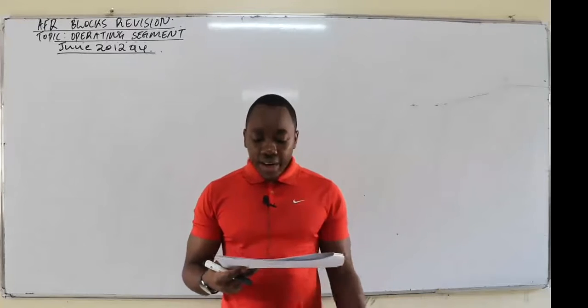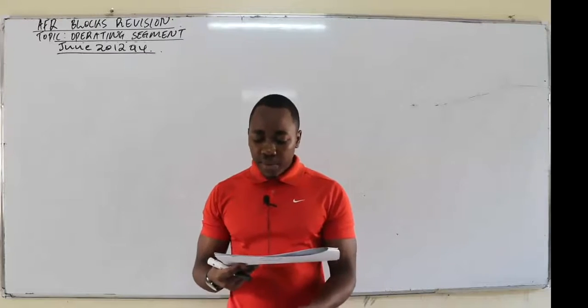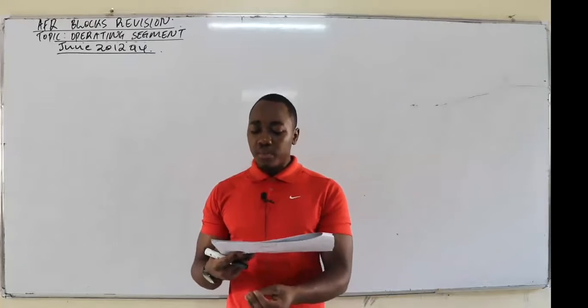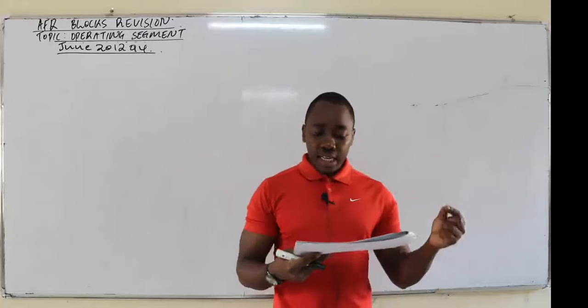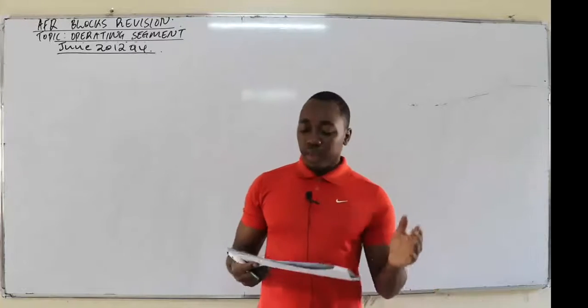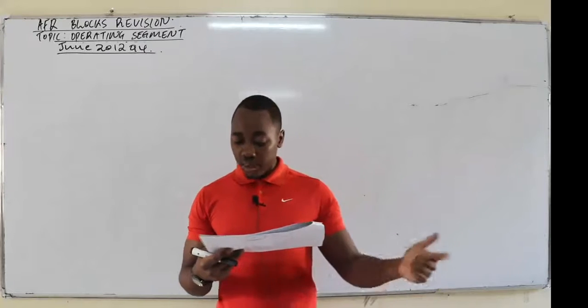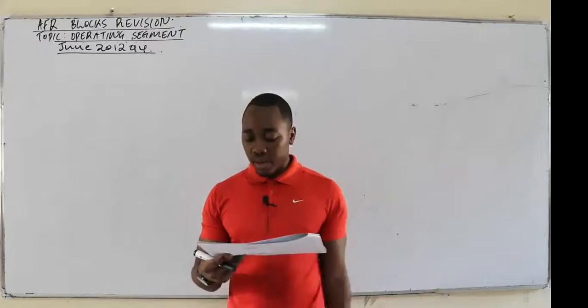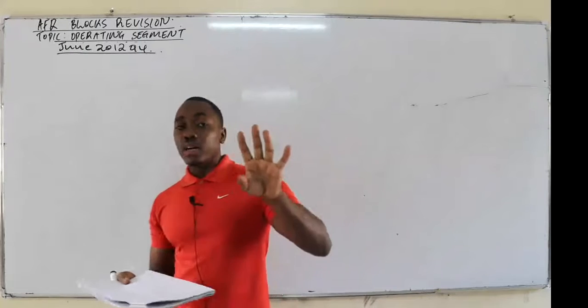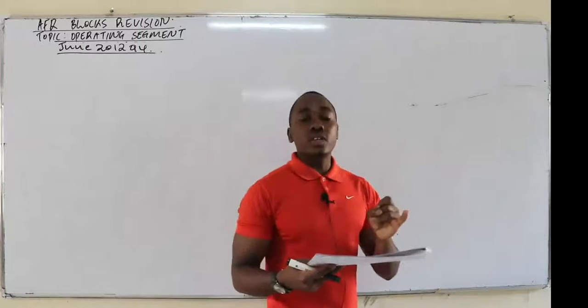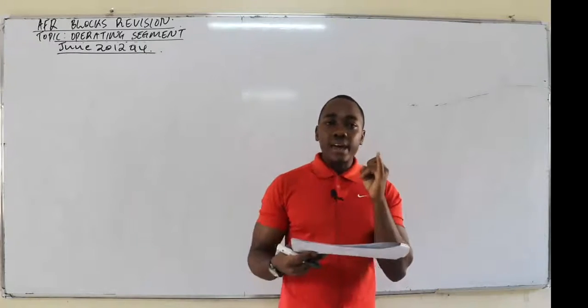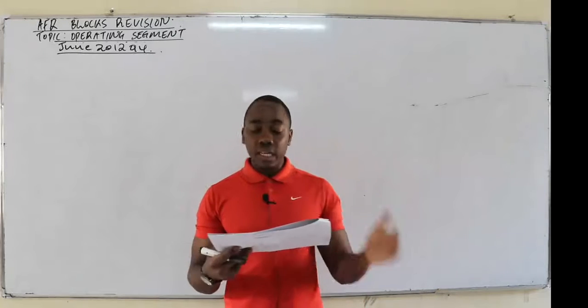Then number 2, describe the condition that an operating segment must meet for it to be deemed a reportable segment under IFRS 8. So note this. In this case, they're asking about the condition by which you identify a reportable segment. It's not about the disclosure requirement. So in this case, we say there are 4. Number 1, it has to meet the definition of an operating segment as per IFRS 8.